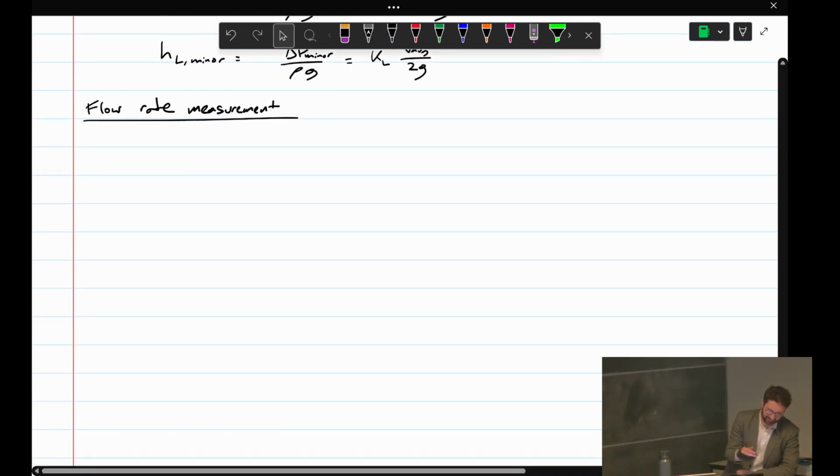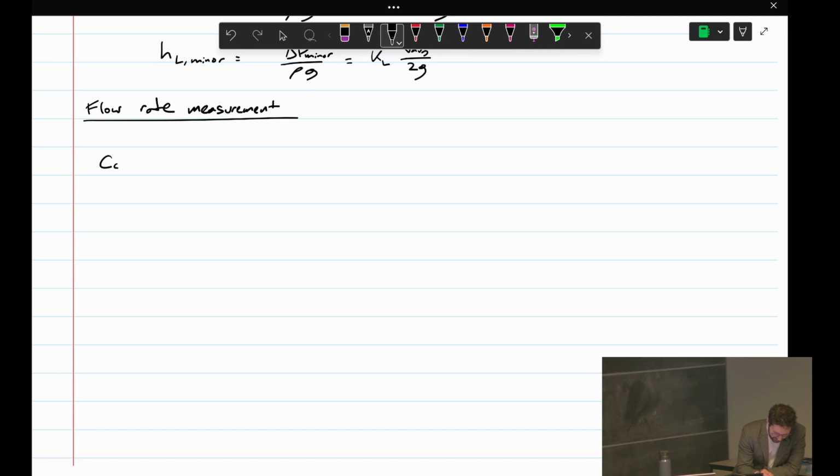So let's talk about two of the most common types of flow rate measurement in industry. The common technique is to measure delta P across a well-characterized component.